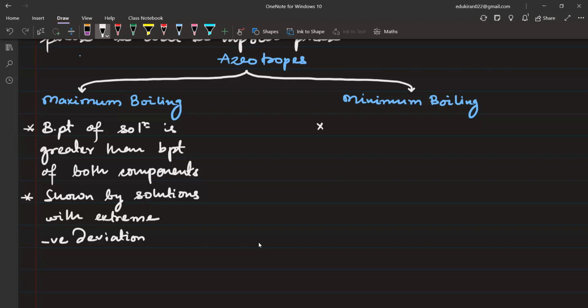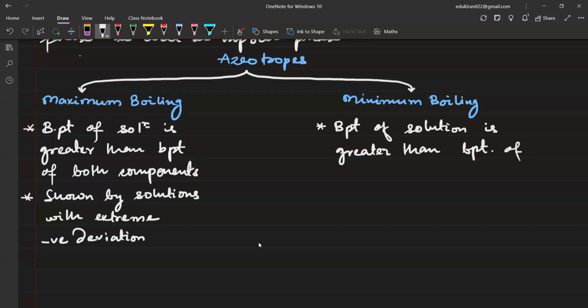In minimum boiling azeotrope, the boiling point of solution is greater than, oops, my bad, is less than, is lower than the boiling point of both components.